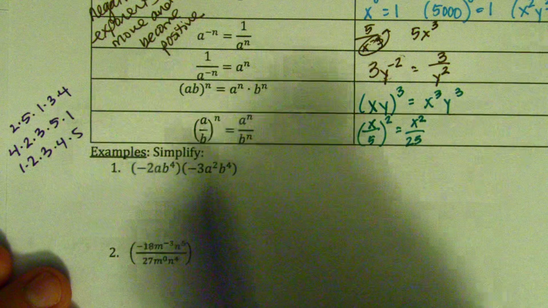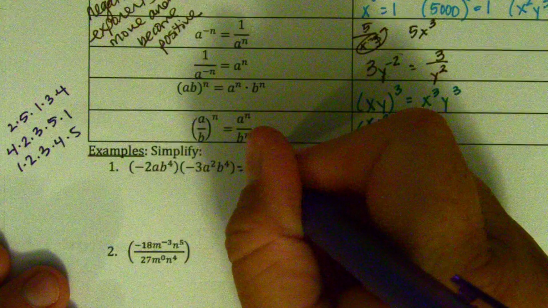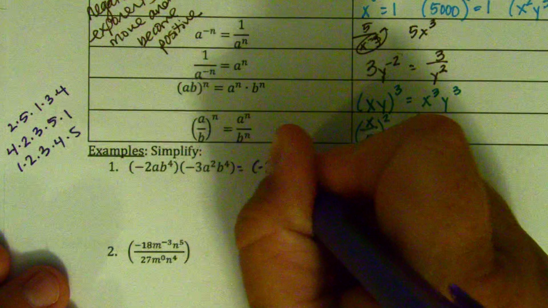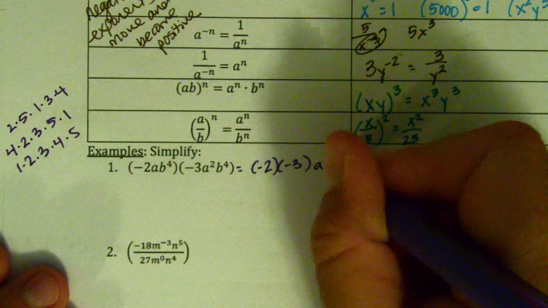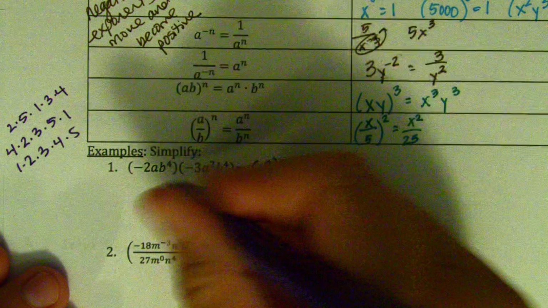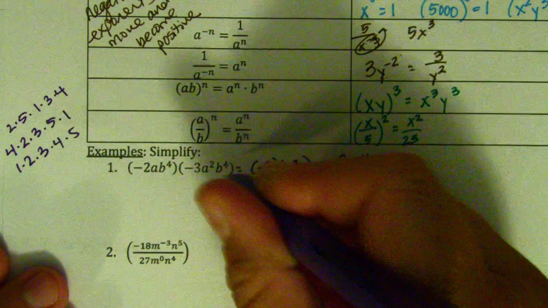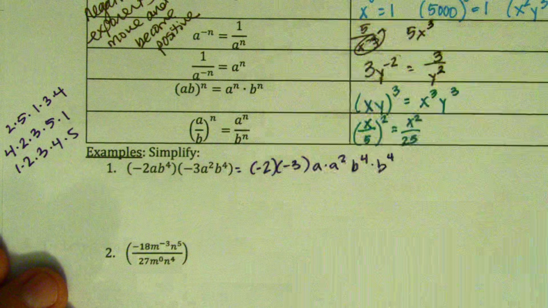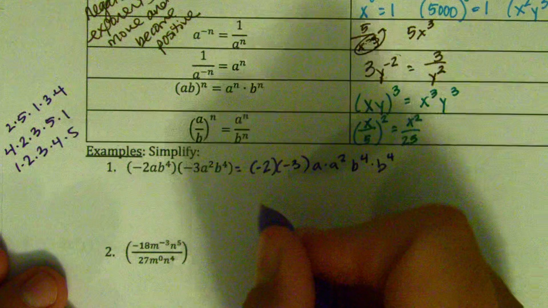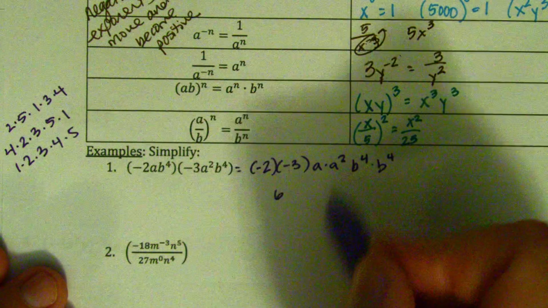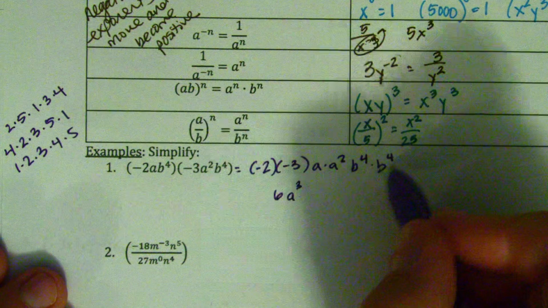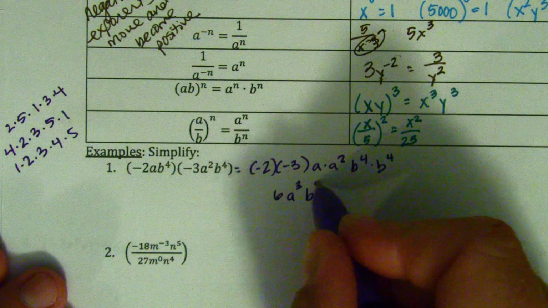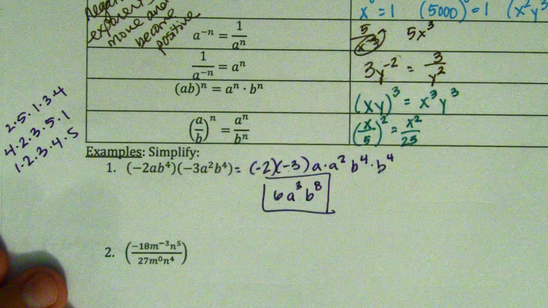I can reorder them however I want. So I can do negative 2 times negative 3 first, and then I can do a times a squared, and b to the fourth power times b to the fourth power. Well, negative 2 times negative 3 is 6. A times a squared is a cubed, and b to the fourth and b to the fourth is b to the eighth. And that's it.